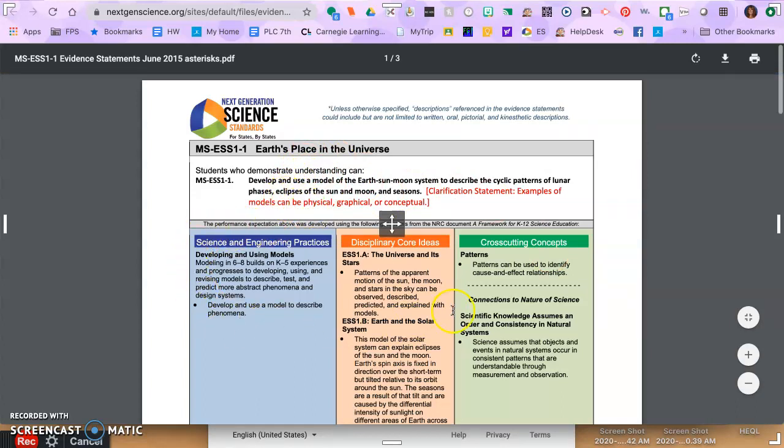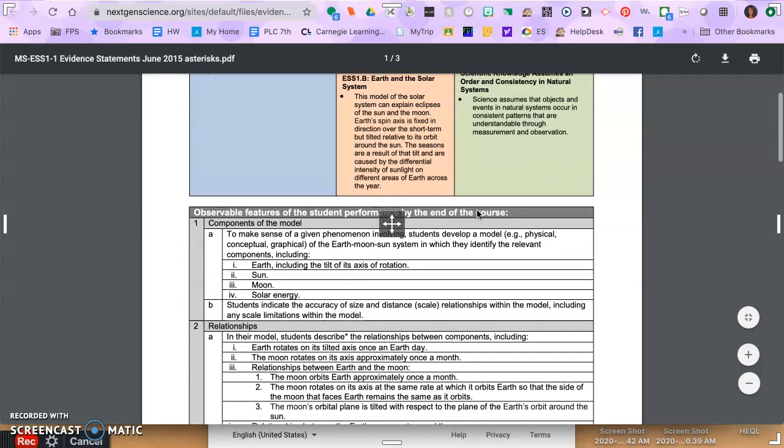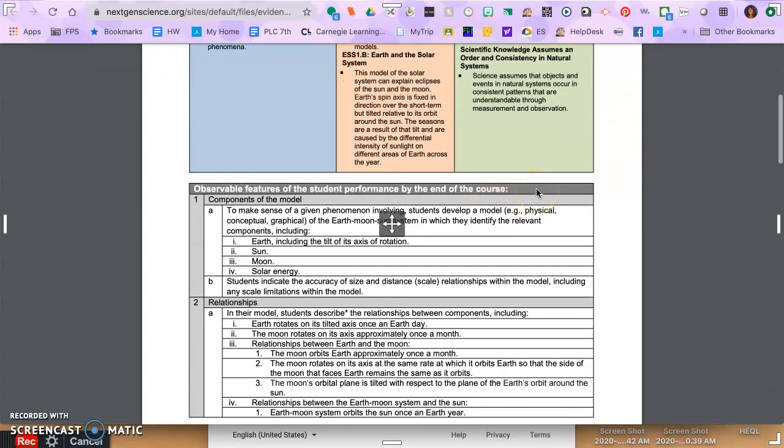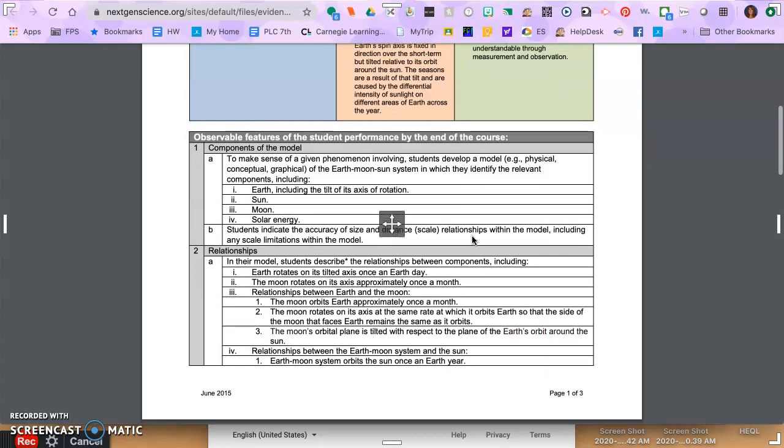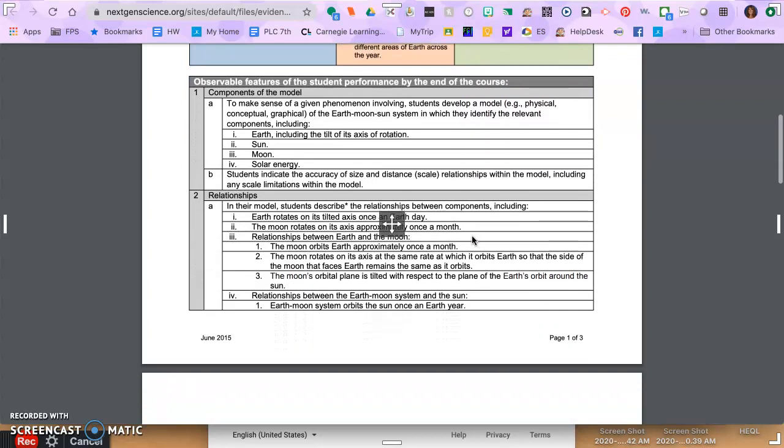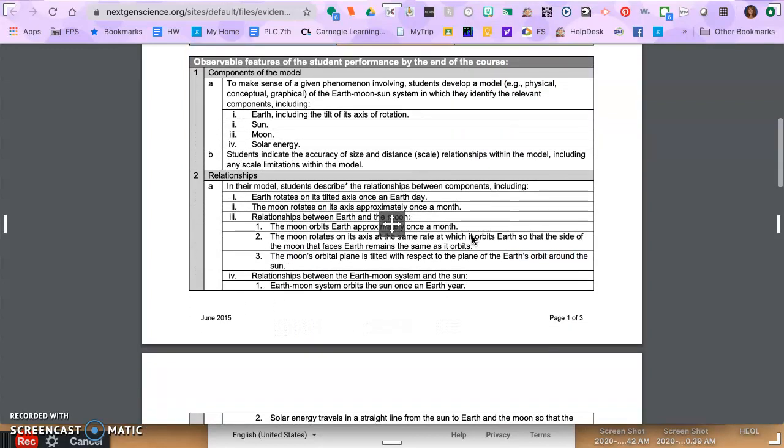It gives me just the science and engineering practices, the disciplinary core ideas, and the crosscutting concepts that go with that. And then observable features of student performance by the end of this. So this will give you some parameters of what the students should be learning and be able to do if they are proficient in that standard.